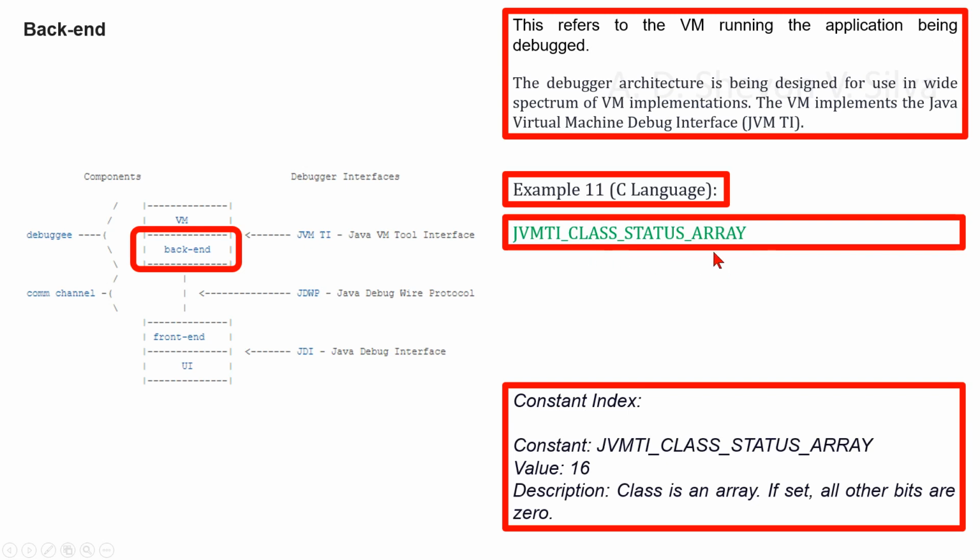The class is an array. If set, all other bits are 0.